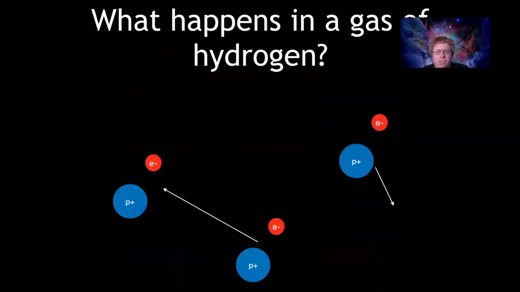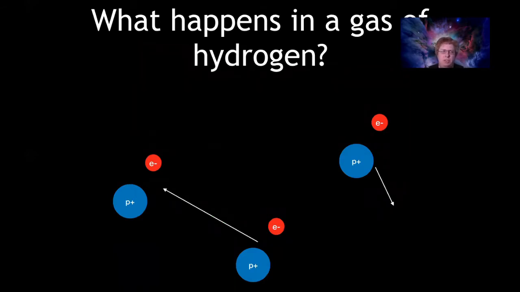So what happens if an atom goes too fast and crashes into another atom with too much speed? Imagine you have a really, really hot substance, such as hot hydrogen gas. And you have a hydrogen atom here, a proton and an electron, and it's going to get hit by another proton and electron hydrogen atom.